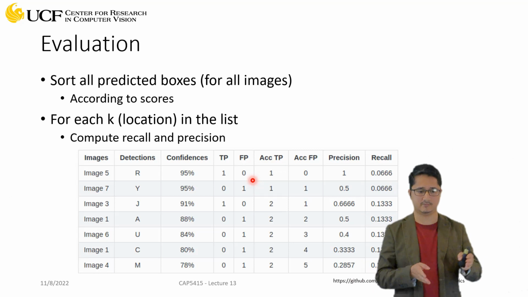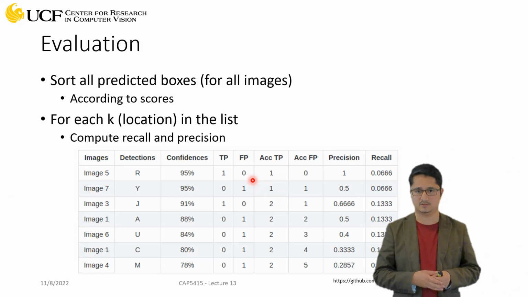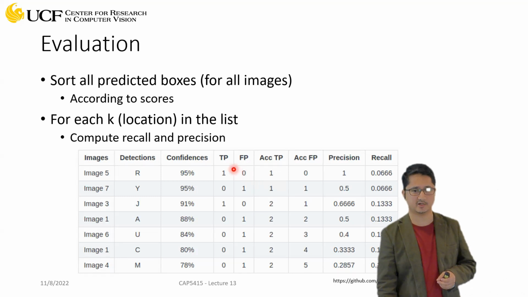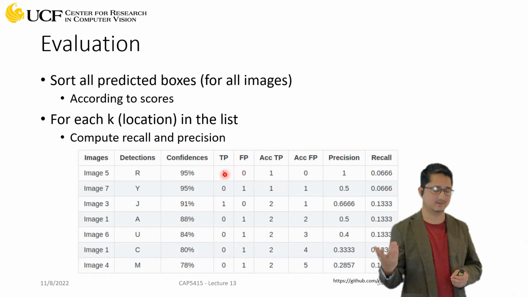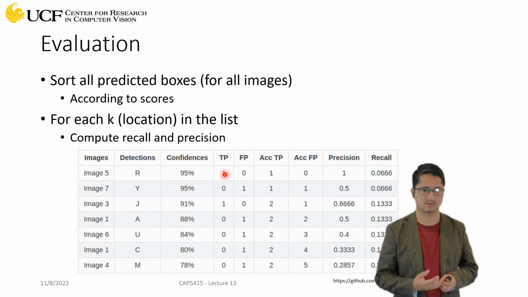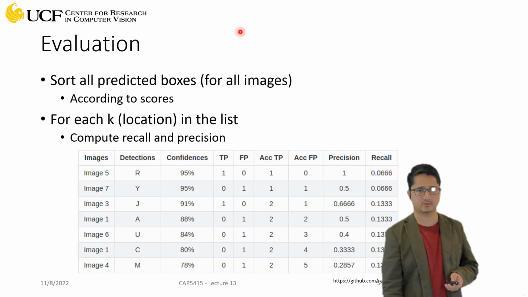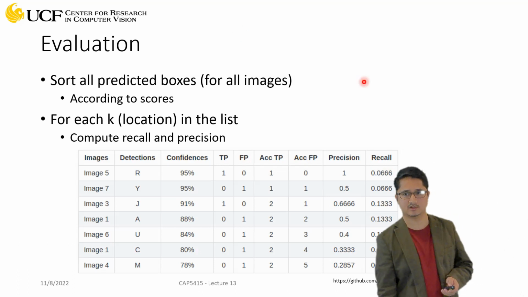If you have 1,000 objects in your data set, and only one is predicted, then 999 is your false negative. You are not able to detect those, and that's why your recall is pretty low. It's not being shown here, but you can compute that using the ground truth. Correct.